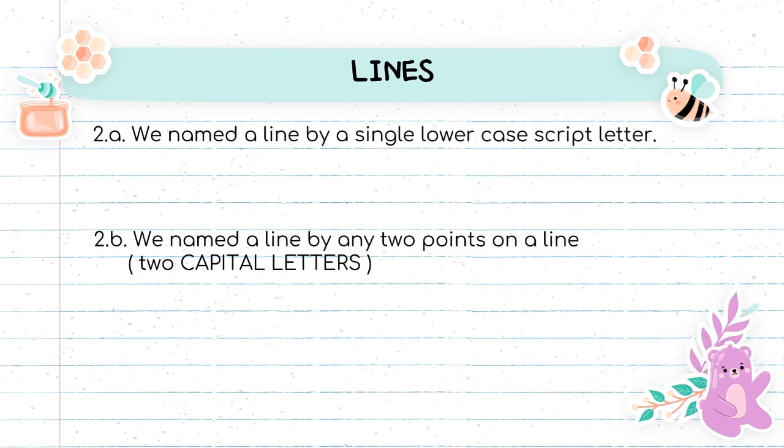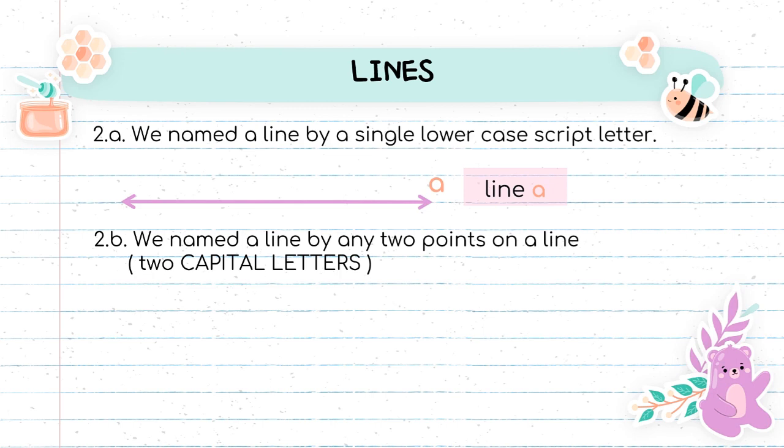We name a line by a single lowercase script letter. Let's have an example. I have here a line, and a line should be named by a single lowercase letter. So let's have small letter a. So yan. Yun yung pangalan ng ating line. So, paano natin isusulat yan?